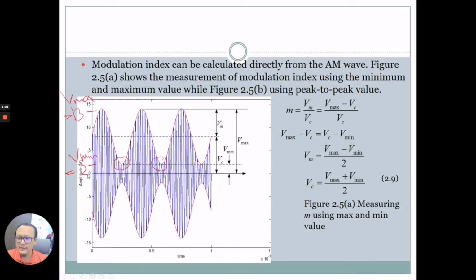So we have Vmax, which is over here or over here, and Vmin. Using this equation, we can get Vm and Vc, the voltage of the modulating signal and the voltage of the carrier signal.